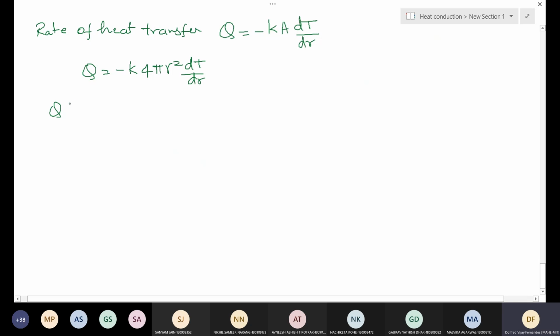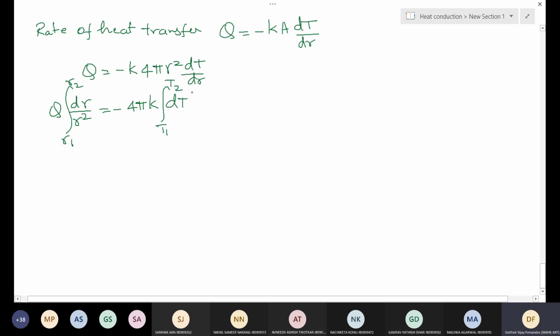Q dr by r squared equals minus K 4 pi dT. Then integrate between r1 to r2, temperature T1 to T2.